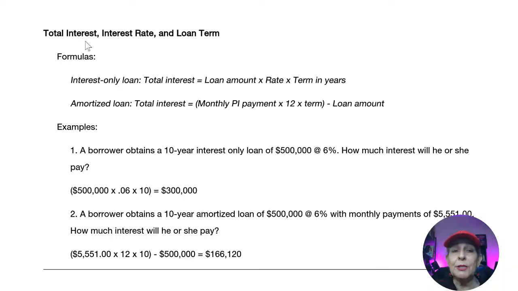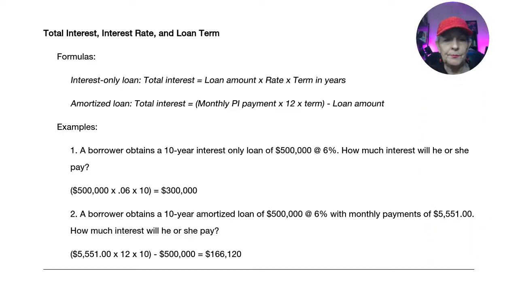Total interest, interest rate, and loan term. Formula, interest-only loan, meaning on this loan, the owner is never paying any principal down. They're only paying for interest.